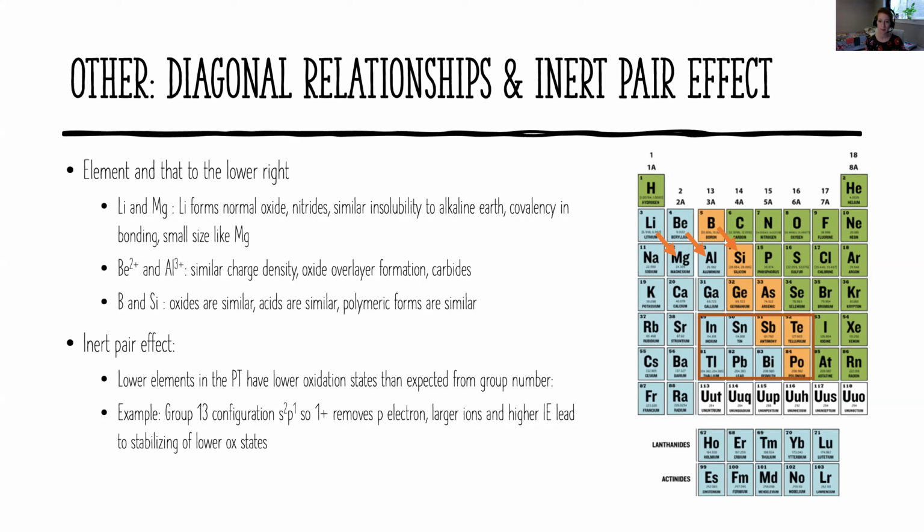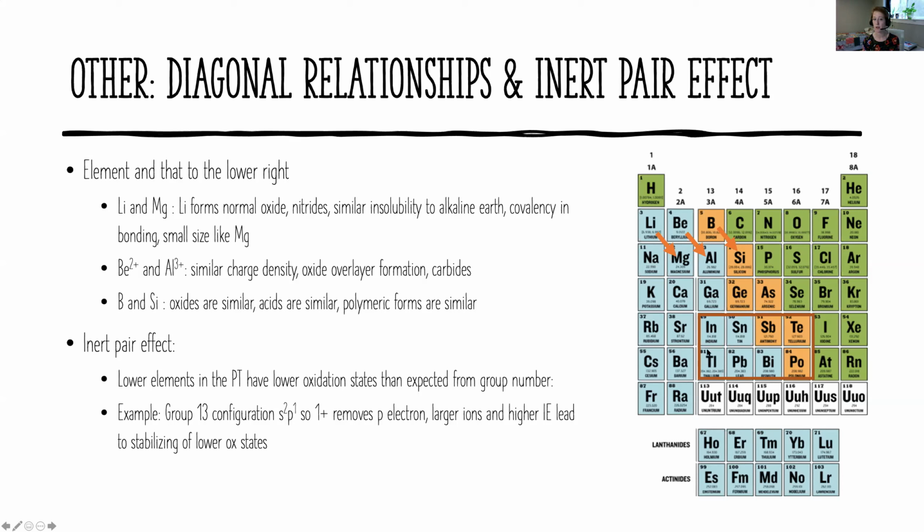And so in terms of these lower oxidation states than expected from the group number, the issue is that there's a higher ionization effect because you have the lanthanide contraction. All of these f orbitals that show up before we get to indium and thallium and so on are so diffuse that the electrons aren't shielded, and so therefore it has a higher ionization energy to remove those electrons, which leads to not removing the electrons entirely, and so you just remove the one in the p shell instead of removing them all the way down to the s shell.